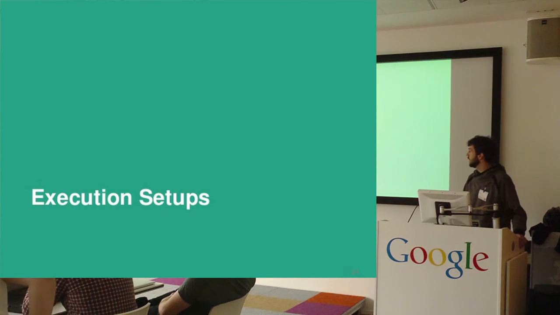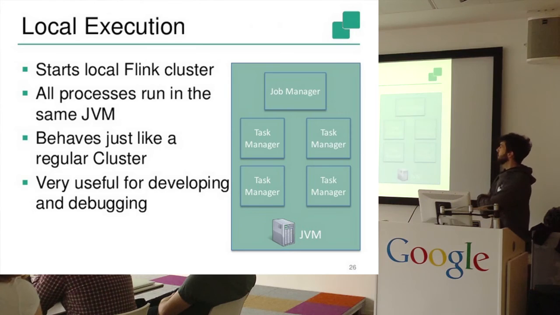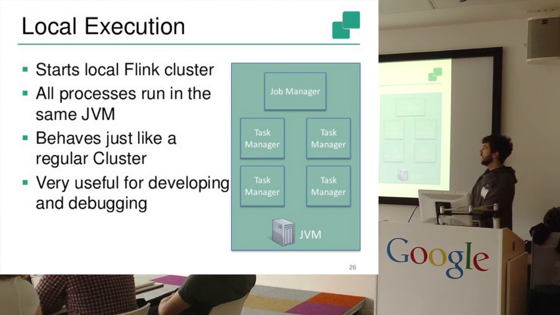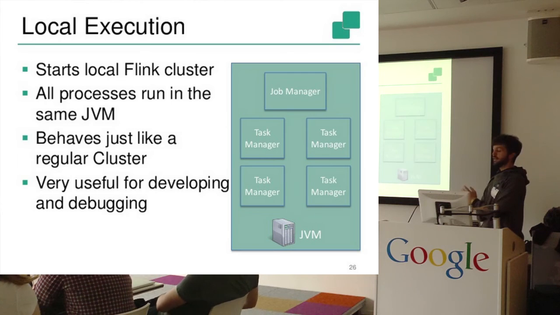I already mentioned that we have different ways of executing a program. So this is at the bottom, under the runtime. We are here now, and first of all, there's the local execution, which is a very convenient way of executing Flink programs, because it basically starts a Flink cluster locally, and it behaves very much like a distributed setup.